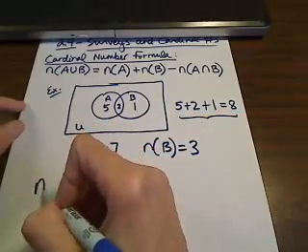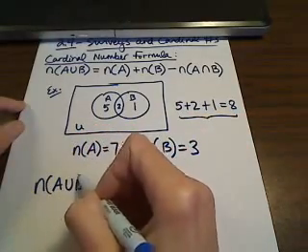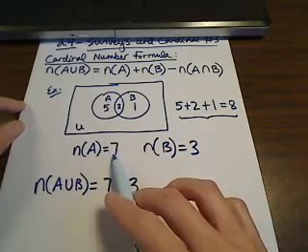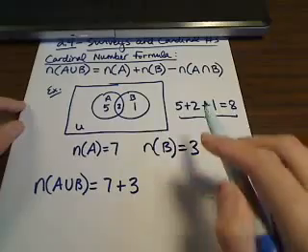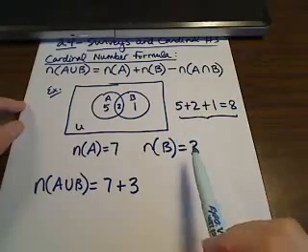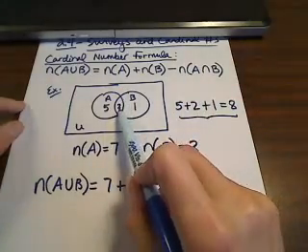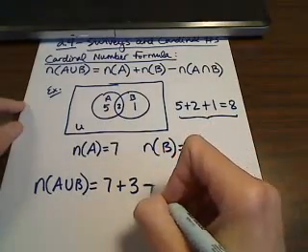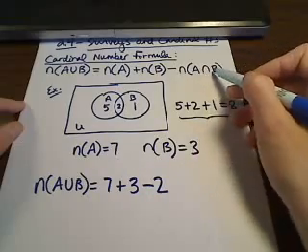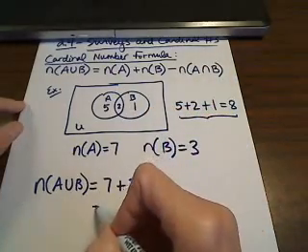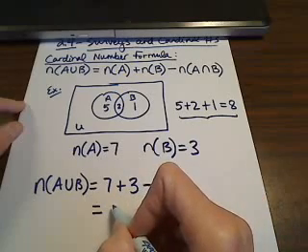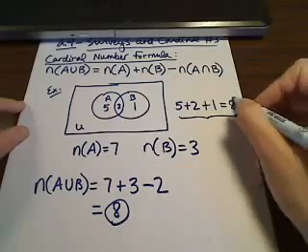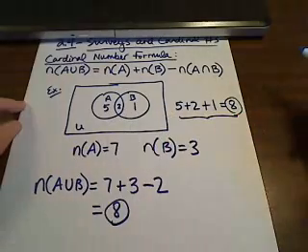So if I wanted to take a look at the union, A union B, it would be this 7 plus this 3, number of elements in A plus number of elements in B, but then I have to subtract off the intersection because this 7 and this 3 both include the 2. Well, that means we've counted the 2 twice, so we actually have to subtract off the intersection, which is 2. And we would end up with here, this is 10 minus 2, which would be 8. So it's the same value that we got by just looking at it visually.